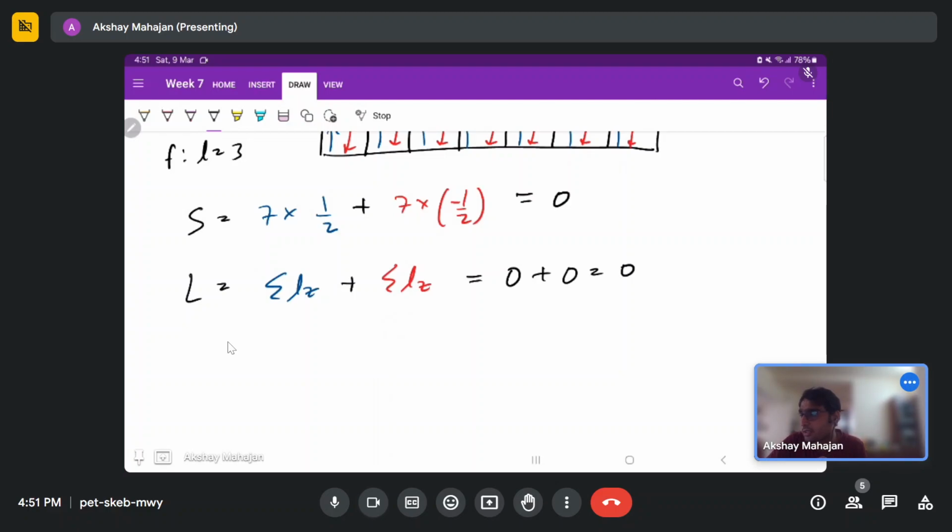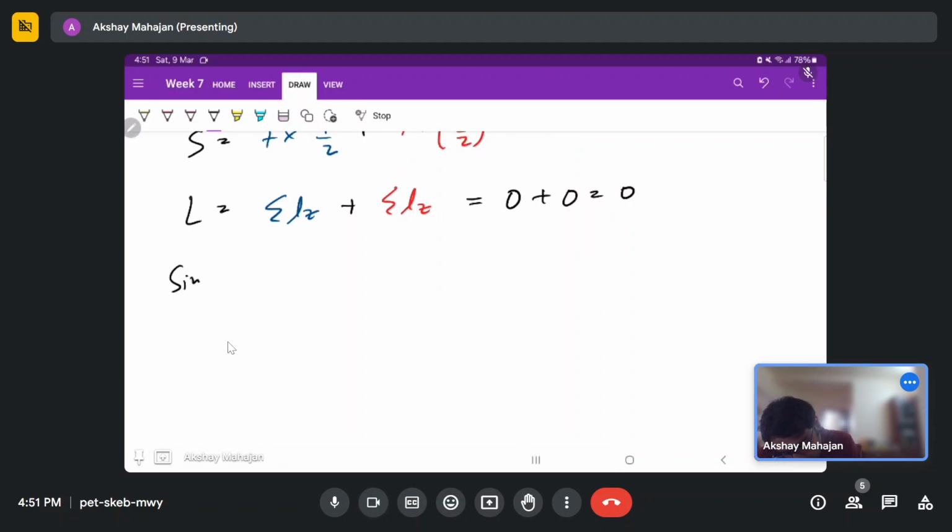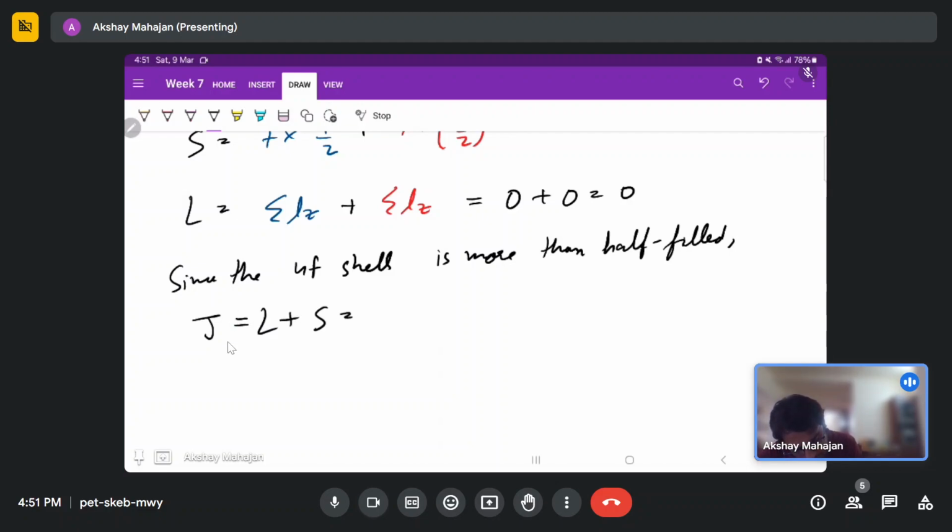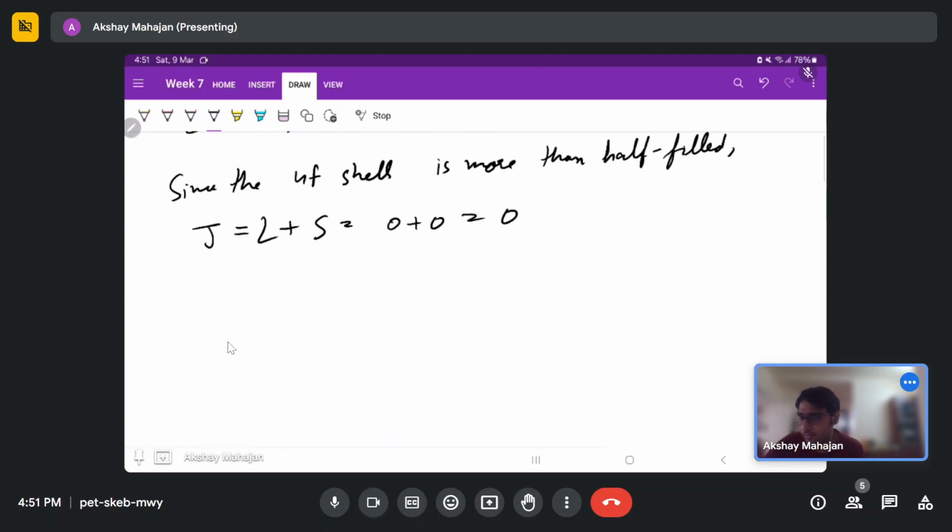Alright. So now since the 4f shell is completely filled, J is equal to L plus S, 0 plus 0, equals 0. Alright.